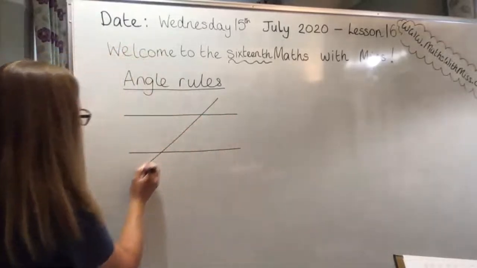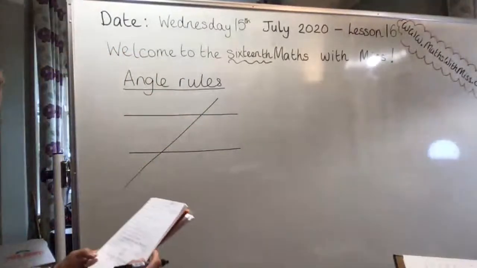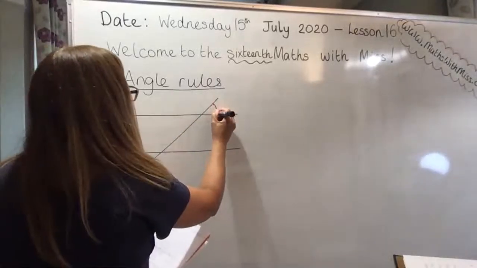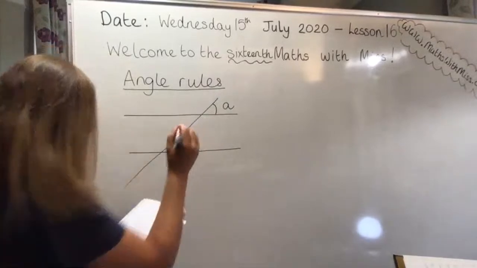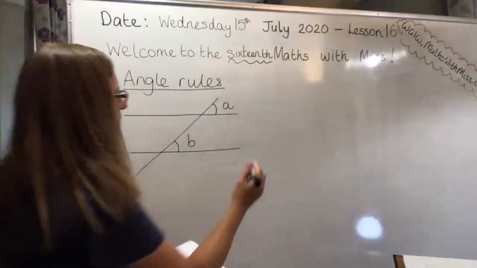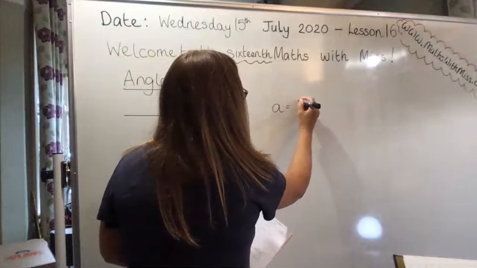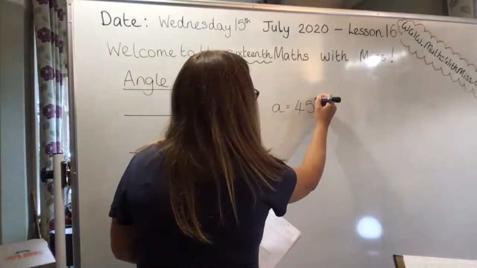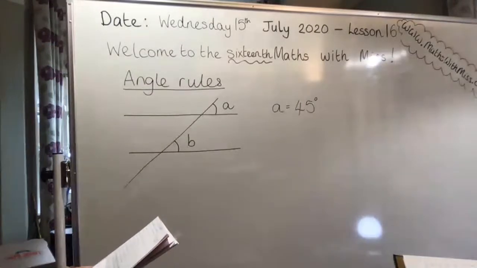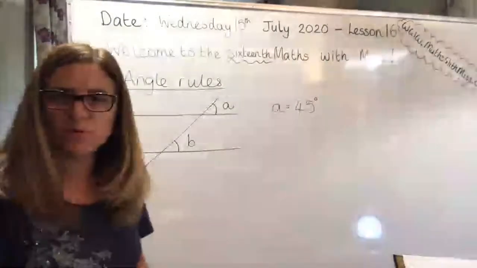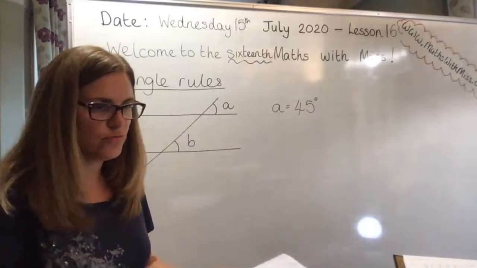And then we had a line that went through like that. Can you see that okay? We've got A here. And we've got B here. And we were given that A equals 45 degrees. The question was, what is B and what is the angle rule that we're using?